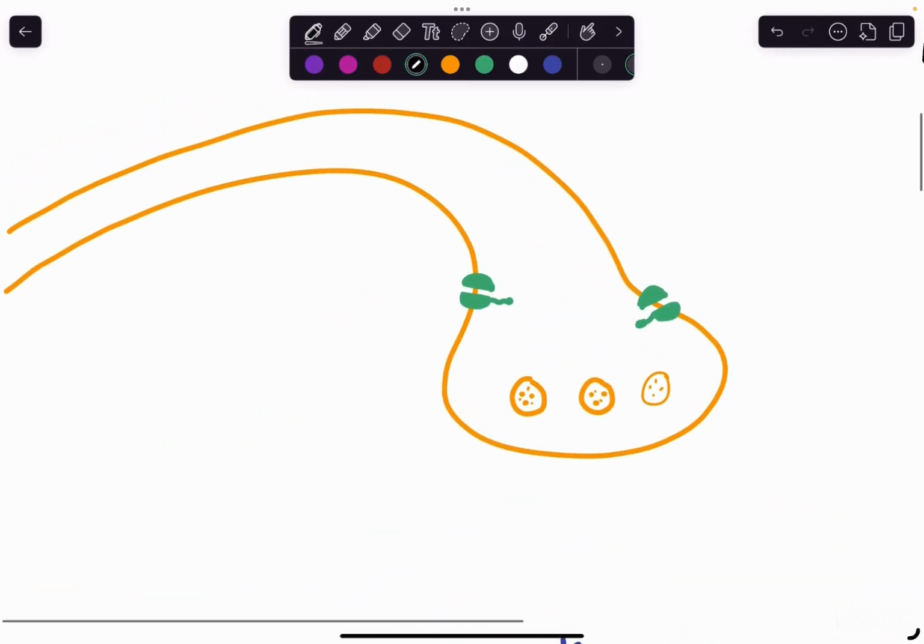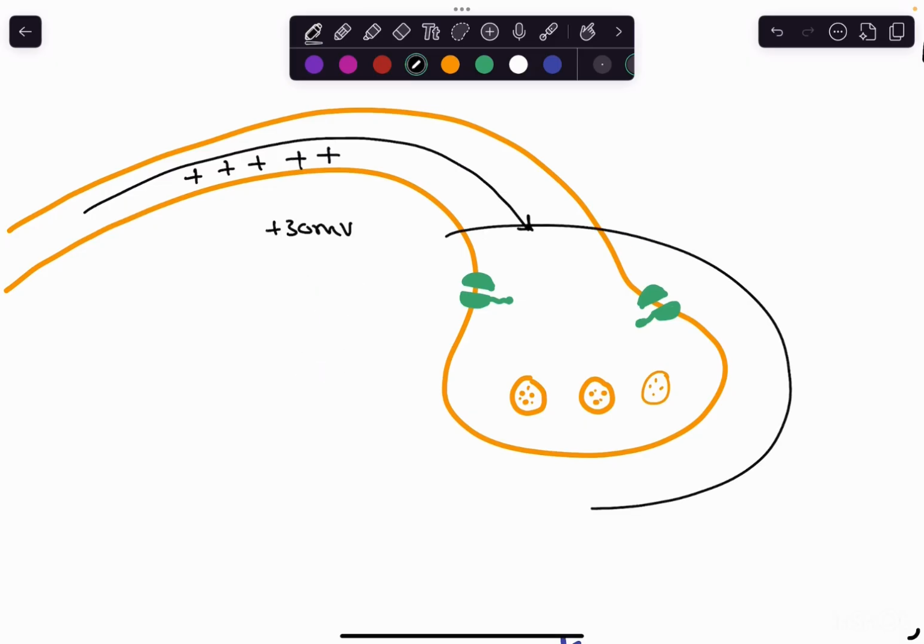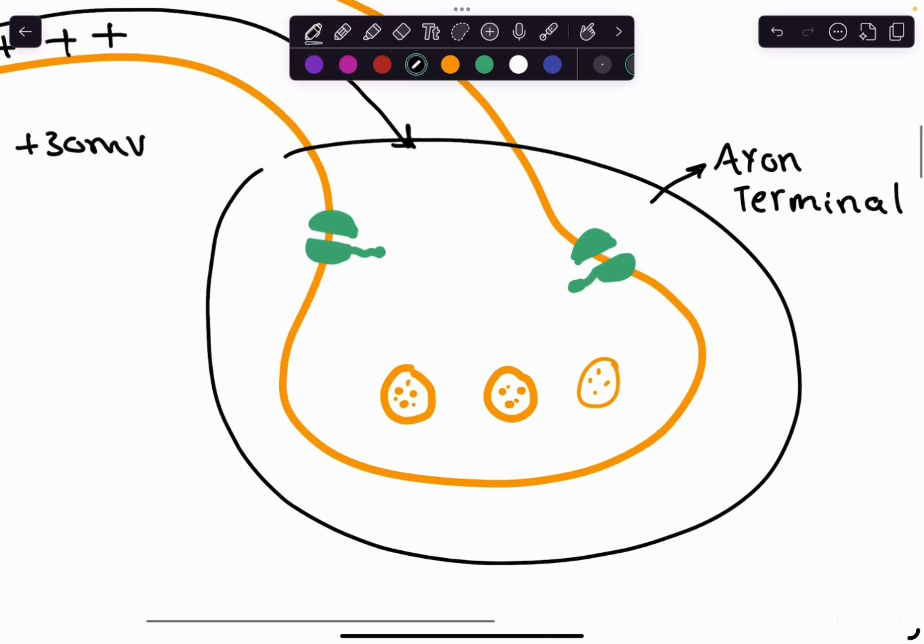So what happens exactly is that we have those action potentials traveling and moving down the axon carrying the depolarization wave, which is about positive 30 millivolts. Once it reaches this area here called the axon terminal, it stimulates very specific channels here called voltage-gated calcium channels.